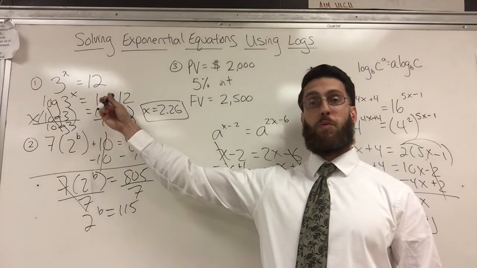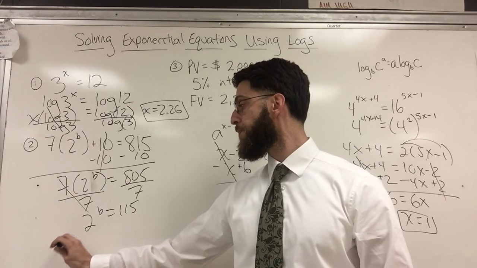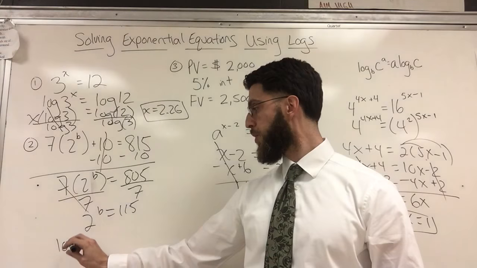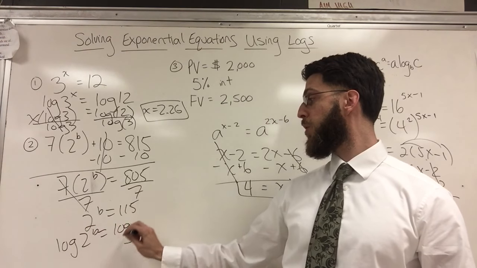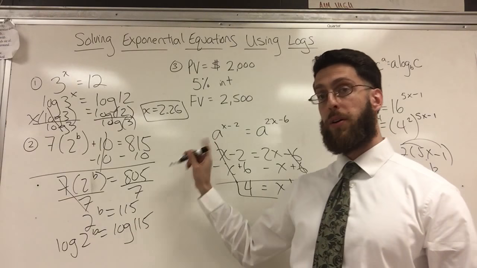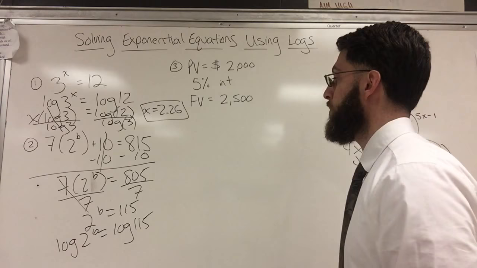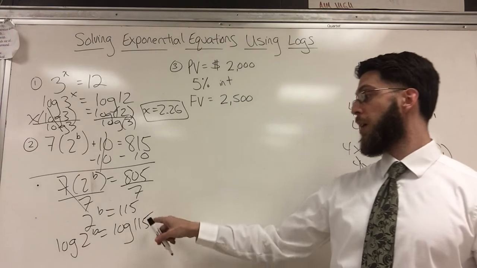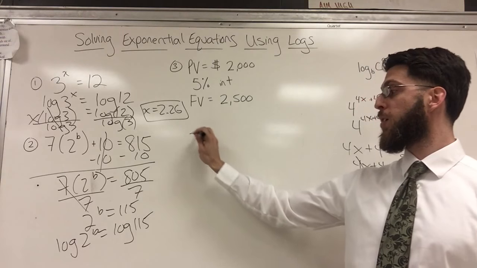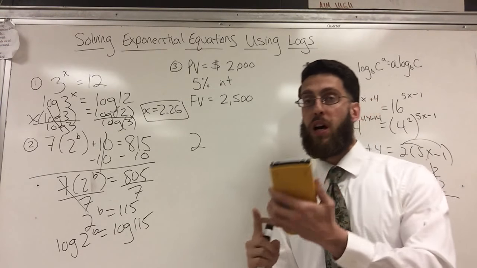And then, we're right back to what we did up there. I'm going to take the log of both sides. I wonder if you can see that. If you can't, then I'm going to rewrite it for you up here. So I got the log of 2 to the b equals the log of 115, and I'm going to use my power rule again. You're going to see a theme here: log, power rule, log, power rule.